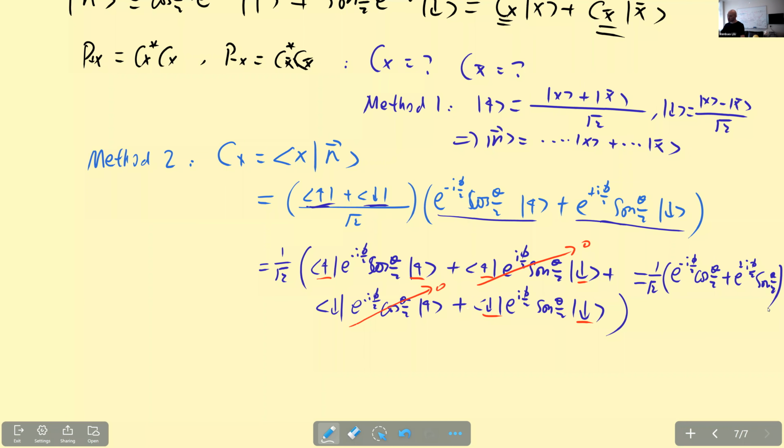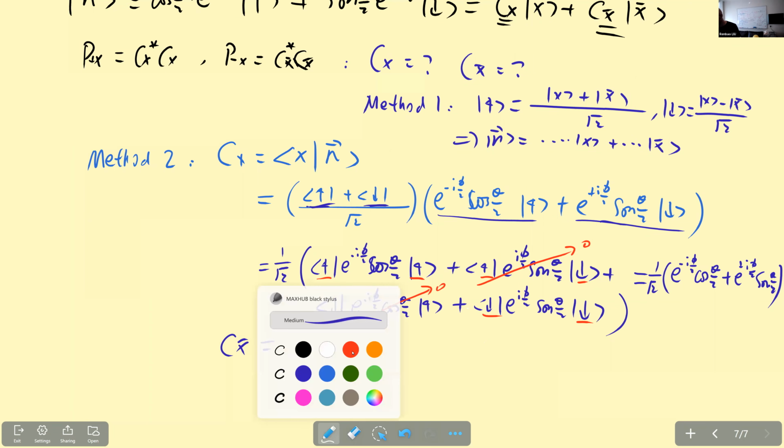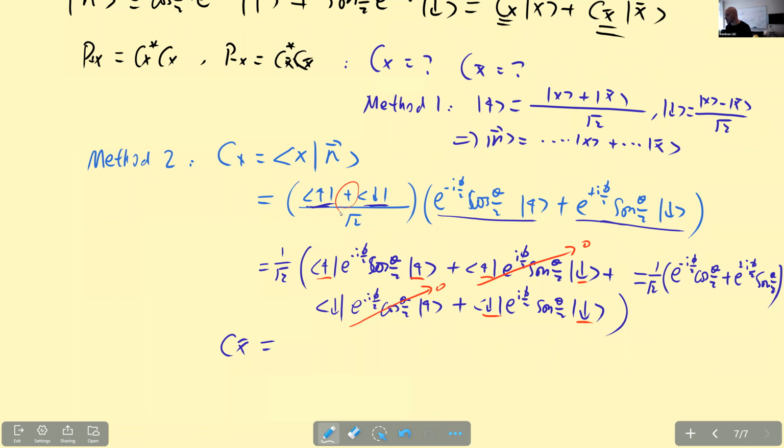And then you can follow the same procedure. Okay. Let me show you what is Cx bar. Just doing the same thing. Okay. But what you need to do is to change this plus sign to be minus sign, and then you do all the same thing, right? So if we do that, this one will change to be minus sign. This one will change to be minus sign, right?